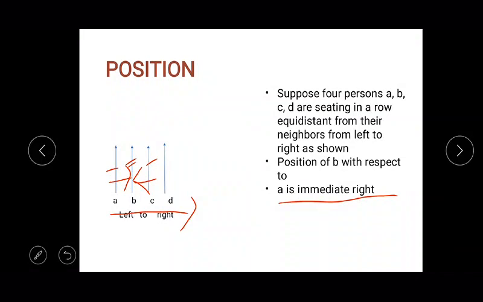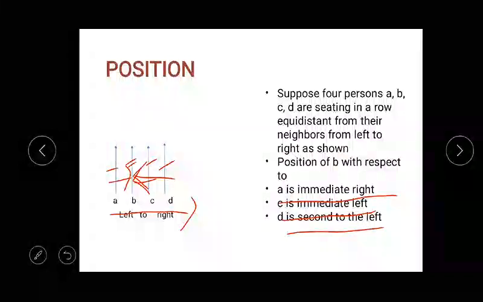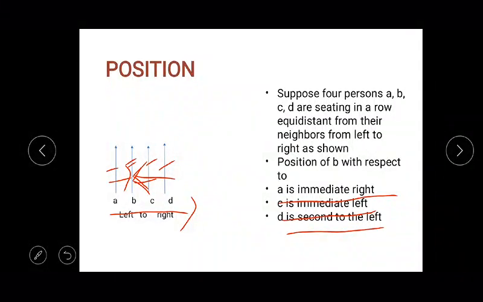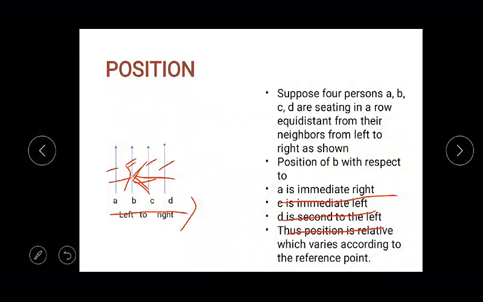The position of B with respect to C is to the immediate left, while if we take the reference point to be D, for D the position of B will be second to the left. Clear? From here we can conclude thus that position is relative, which varies according to the taken reference point.